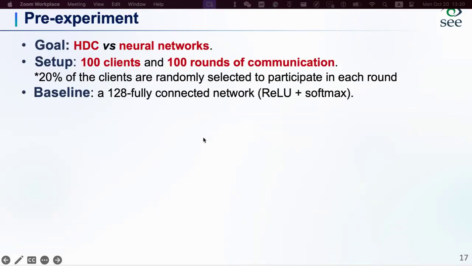So next, we first conduct a pre-experiment to compare the real performance of HDC and the neural network. We set up 100 clients and one server, and we train the model for 100 rounds of communication. The baseline is a fully connected network with ReLU and Softmax.